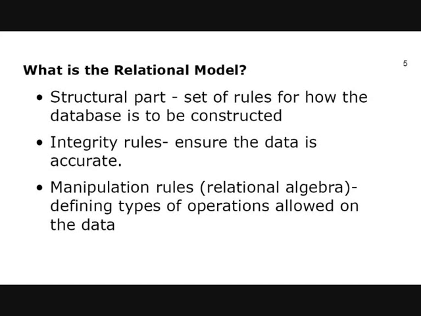In the relational model we will have entity integrity and referential integrity as the main integrity rules, and then also domain integrity and some business rules that help us maintain the integrity of the data. These are key to the relational model, and you need to understand them well.